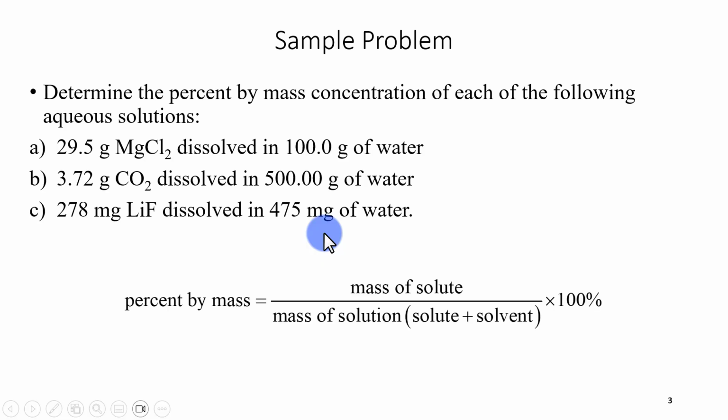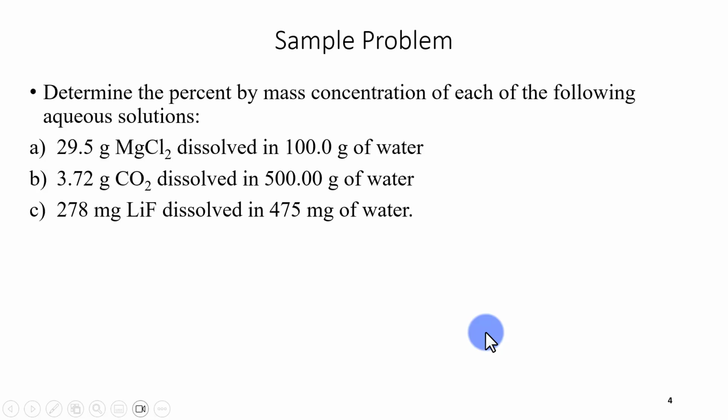But let me show you how to do it. Obviously we're going to use this particular formula, so the mass of my solute, which is going to be the mass of one of these salts, over the mass of the solution, which is the mass of my solute plus my solvent.